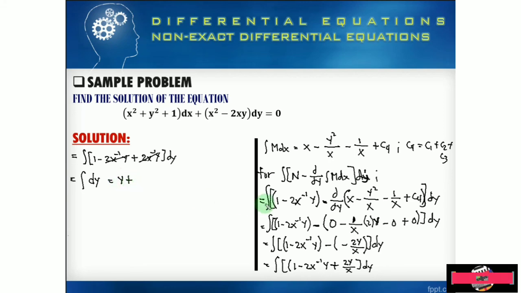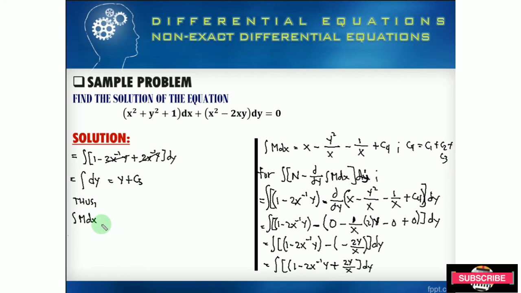Since we already have c4 here, we will assign this one as y plus c5.